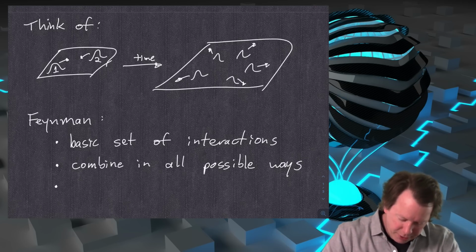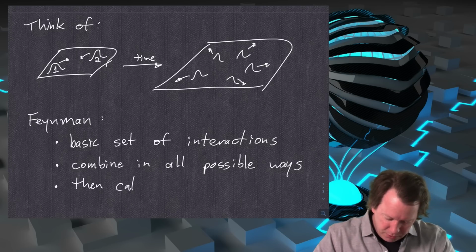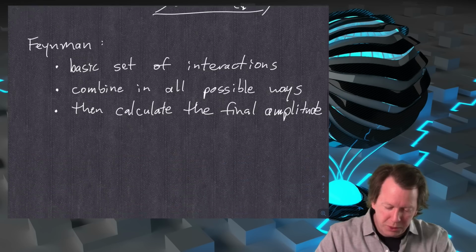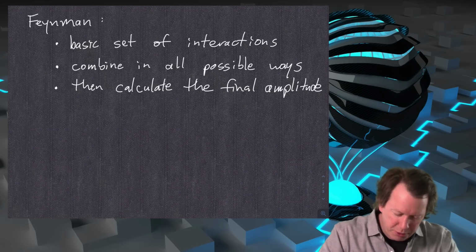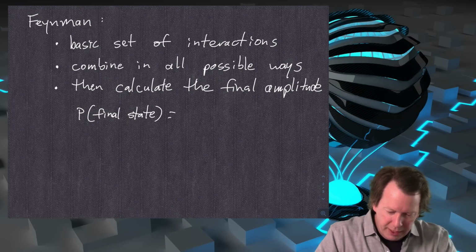And then you calculate the number using this combination, the amplitude. And you know what to do with the amplitude. When someone hands you a quantum mechanical amplitude, the probability of whatever final state you're considering is that amplitude for that final state squared.